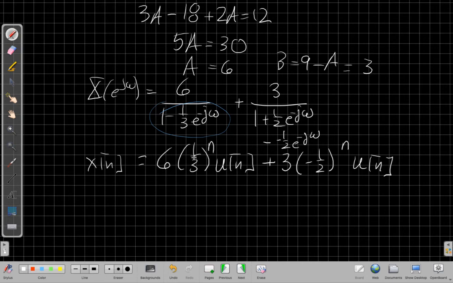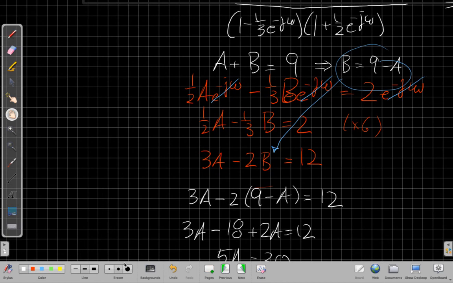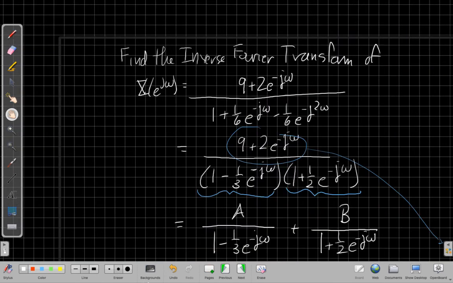So that's the idea with partial fractions, that we'll often see either coming from passing inputs through systems, we'll get output Fourier transforms. So maybe in future examples we'll see Y of e to the j omega that looks something like this.